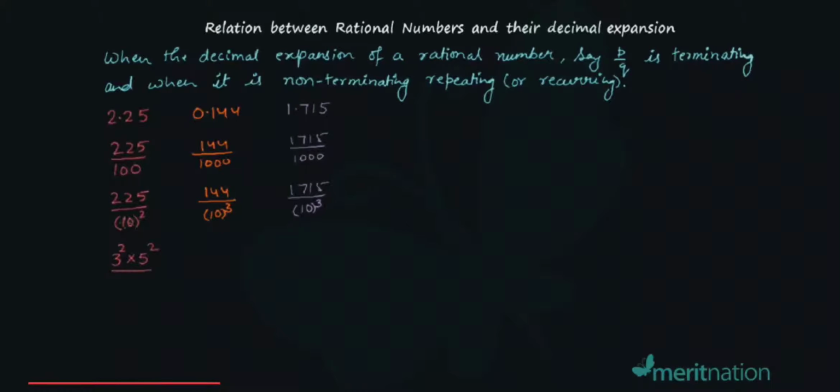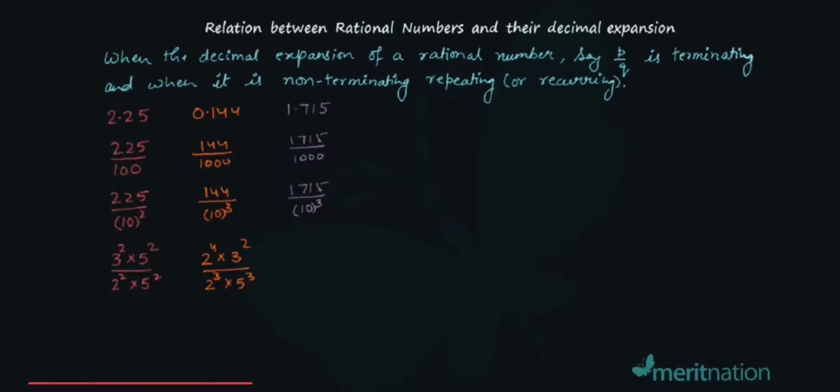Now you know the prime factors of 10 are 2 and 5, so 10 squared will give me 2 squared times 5 squared. This 144 upon 1000 can also be written in prime factorized form as 2 to the power 4 times 3 squared divided by 10 cubed, which will be 2 cubed times 5 cubed.